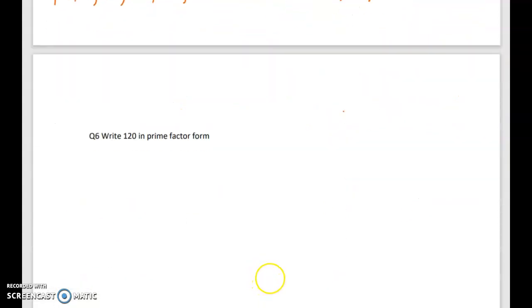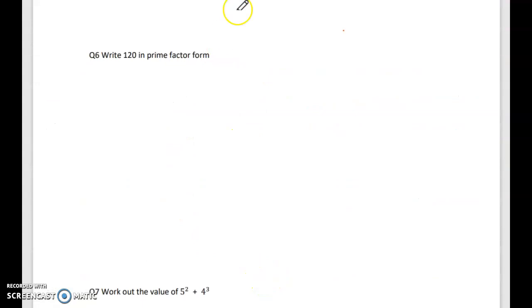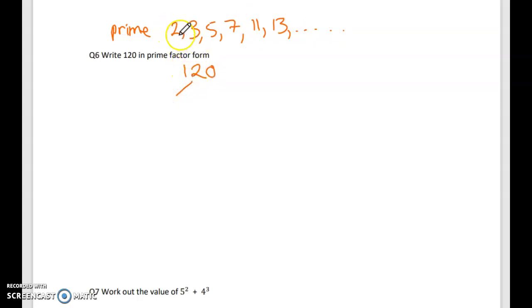Right, moving on to prime factor form. We're going to use our prime numbers to divide this number, making a tree of prime factors. Let's remind ourselves of our prime numbers: start with 2, then 3, then 5, then 7, not 9, we've got 11, we've got 13, and so on. I'm going to take 120 and divide it by the first prime number if it goes in.